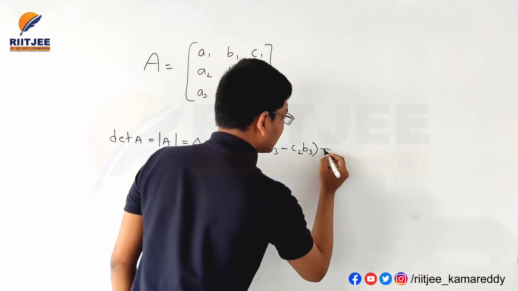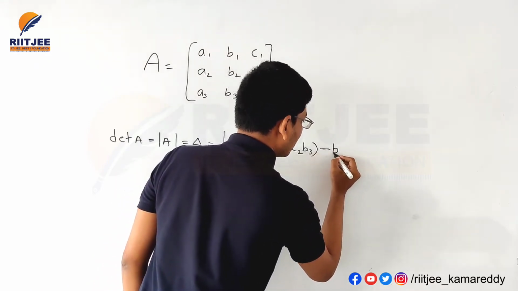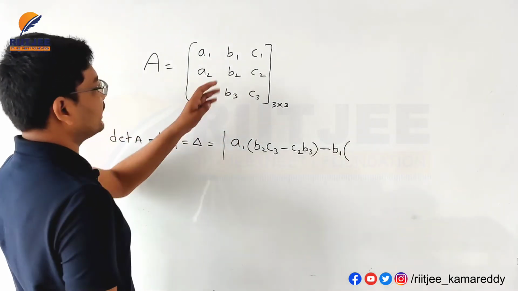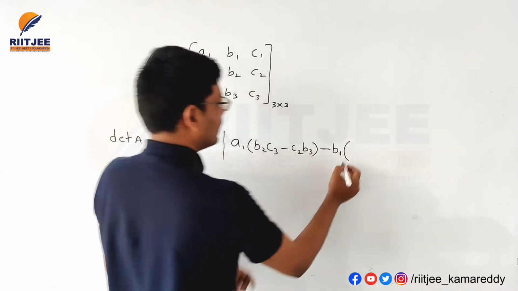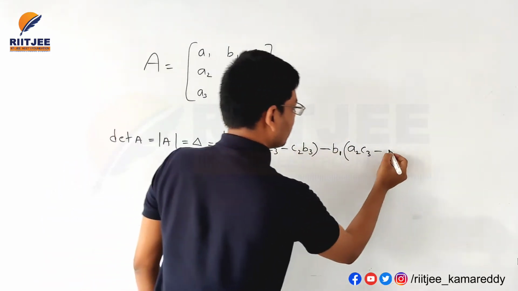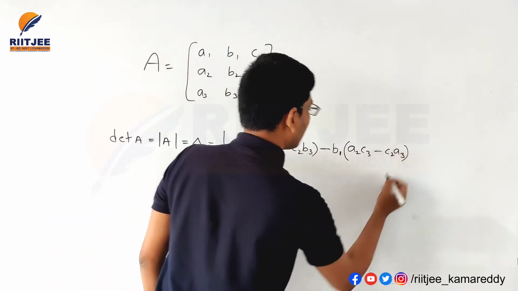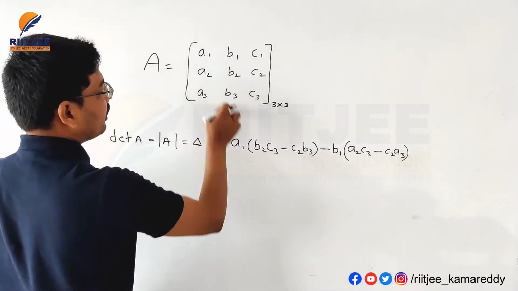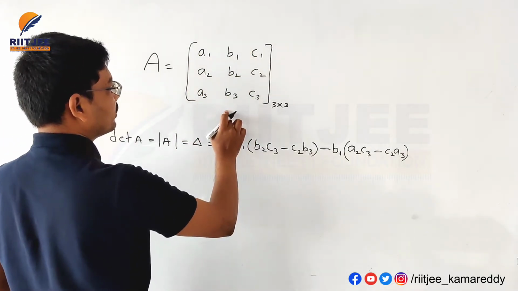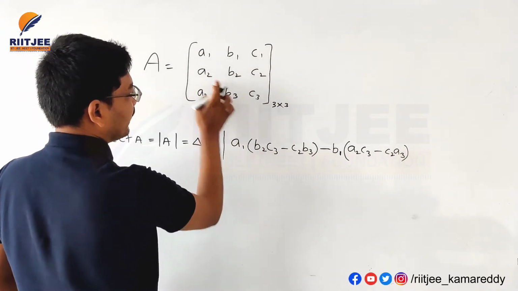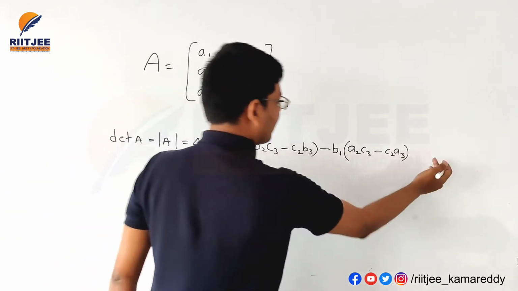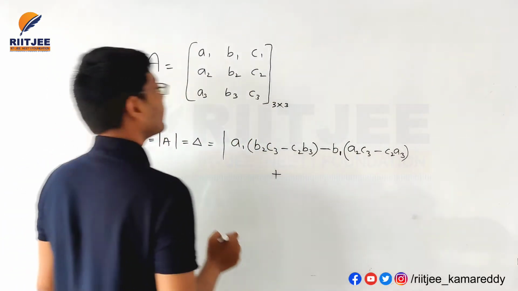Next, take minus b1 into the determinant of (a2 c3 minus c2 a3), because we eliminate the row and column which have b1.